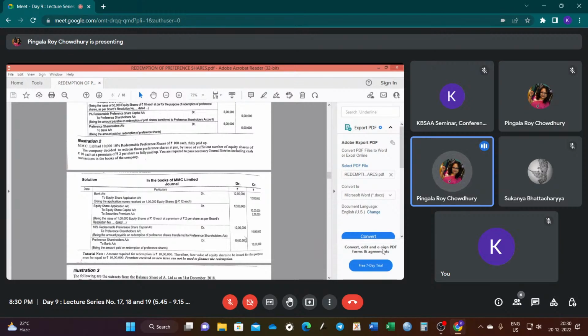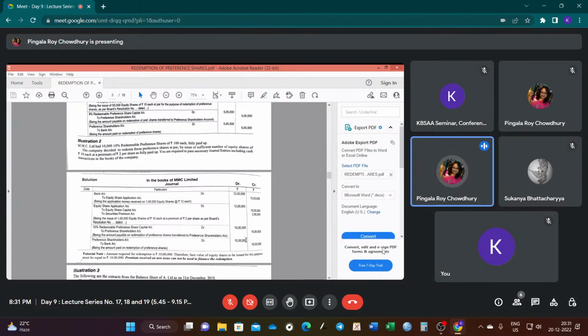In case of a premium issue, the face value alone has to be considered as proceeds. So we need face value of rupees 10 lakh and an additional 2 lakh for premium, which means we are fetching a total of 12 lakh rupees from equity shares. So bank account debit to equity share application will be 12 lakh, but we will be having face value, that means equity share capital will be created by rupees 10 lakh.